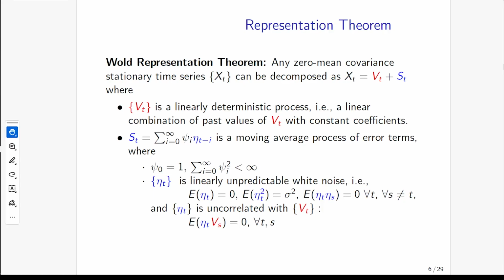But what's really interesting is that the variation about that deterministic process, the S_t process, can be expressed as a moving average process. And this representation holds for any covariance stationary time series.